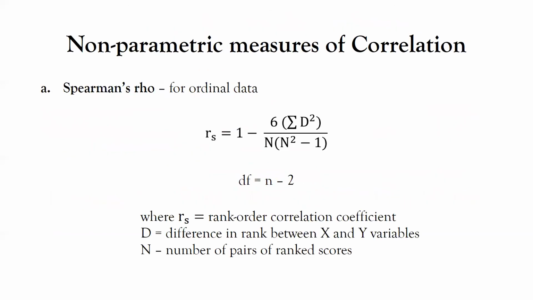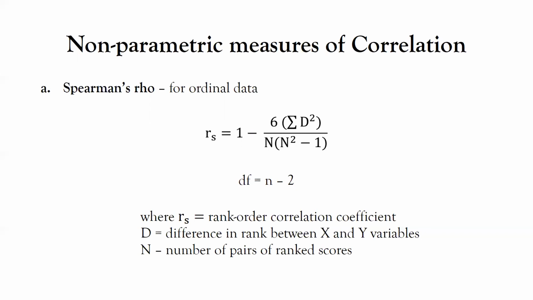Before we move to the sample problem on Pearson's R, I'd like to introduce to you already the non-parametric measures of correlation. Once again, you use this if your data is not interval and ratio data, and if you're not sure if the variables are normally distributed.